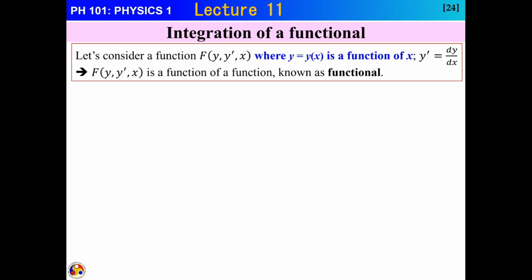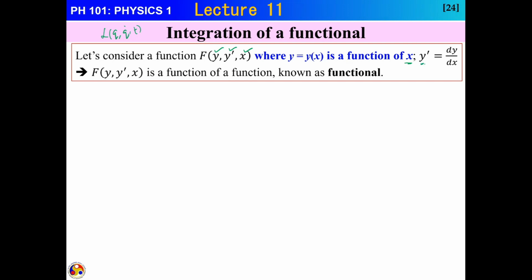So what it's saying: if you consider a function which has y, y prime and x, let us recall it is similar to L of q, q dot and t, where y is itself a function of x.